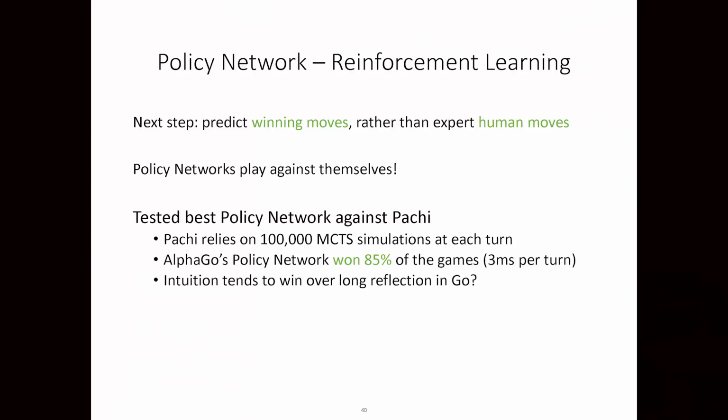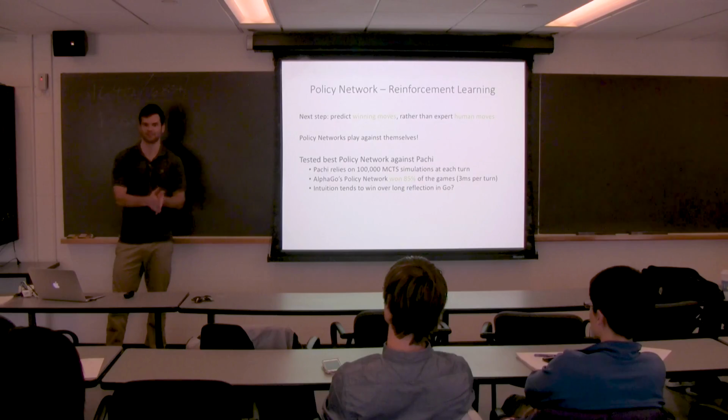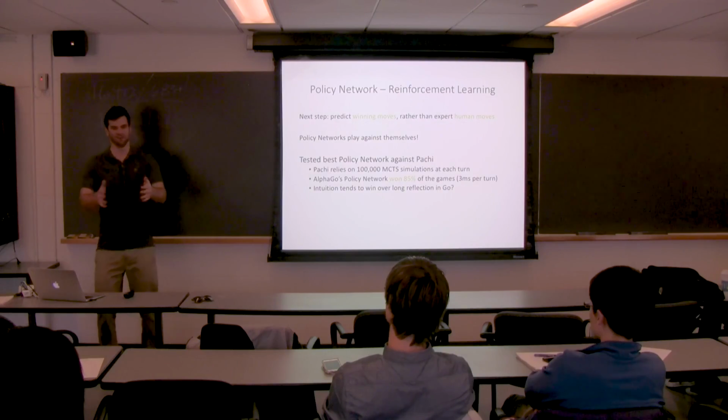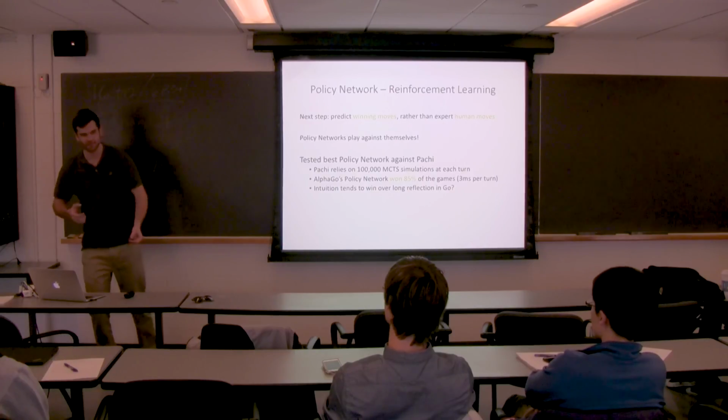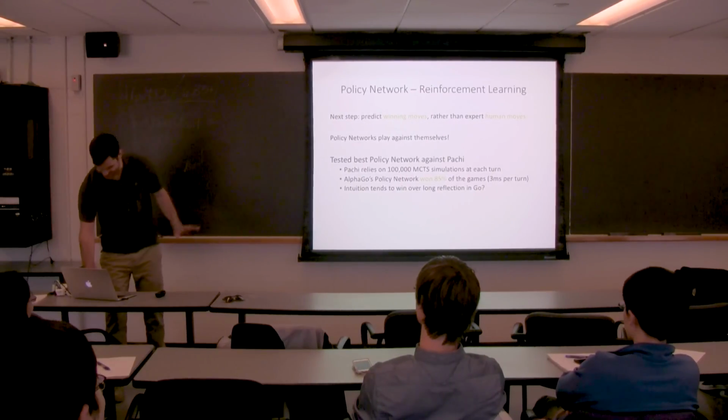So without any sort of tree search or anything involved, it won 85%, which is pretty great. And that suggests that maybe intuition wins over long reflections in Go. And interestingly, if you talk to expert Go players and you ask them why they did a certain move, they'll just say, it felt good, or I had a hunch for this. And so that's kind of indicative there.